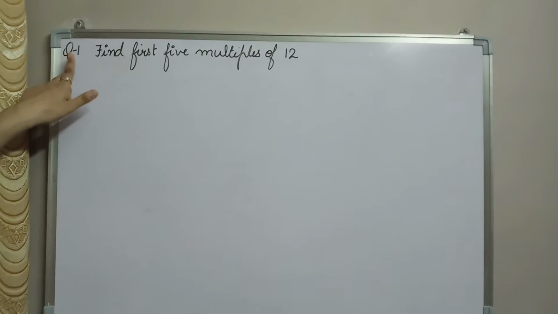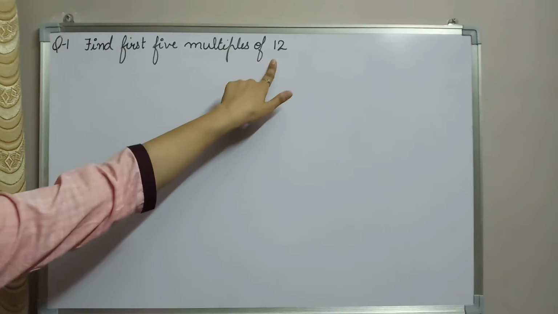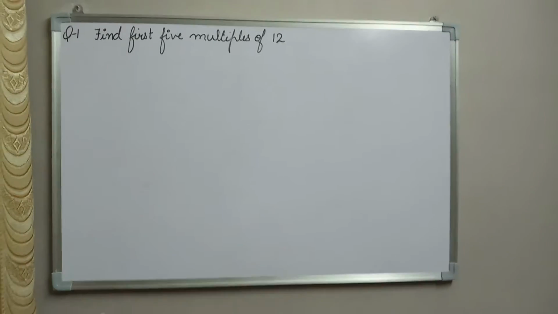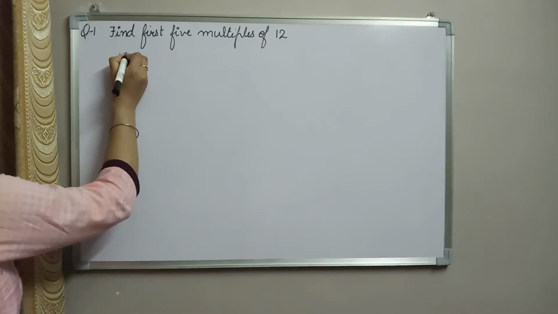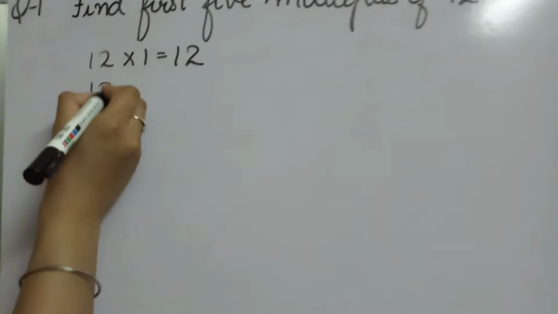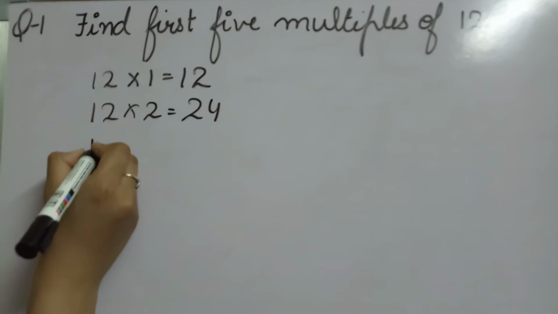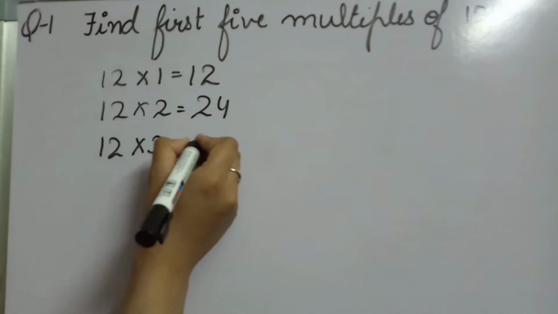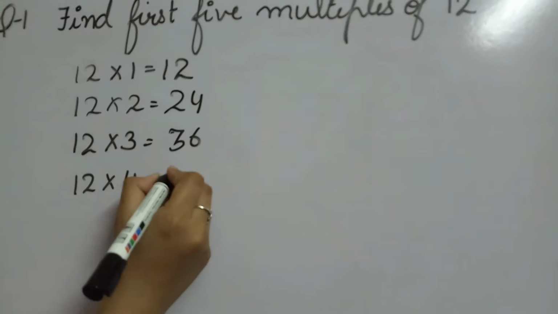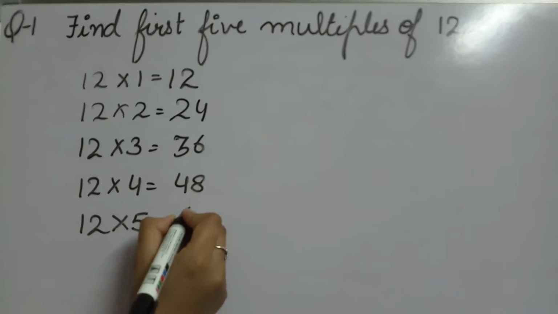Now we will start with one question. The question is, you have to find first 5 multiples of 12. That means you have to write the table of 12 up to 5. So we will start from 12 1s are 12, 12 2s are 24, 12 3s are 36, 12 4s are 48, 12 5s are 60.